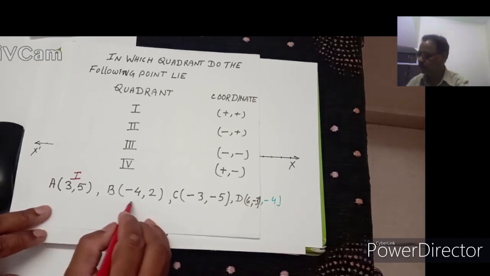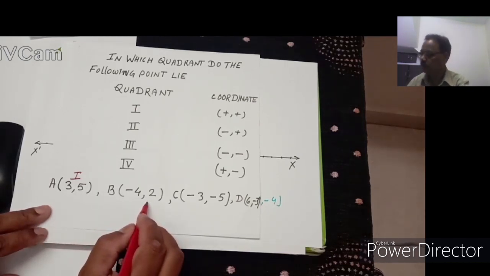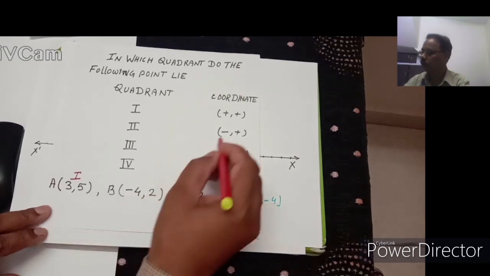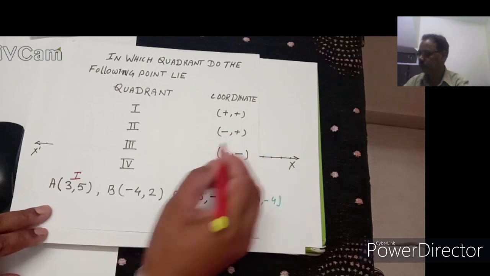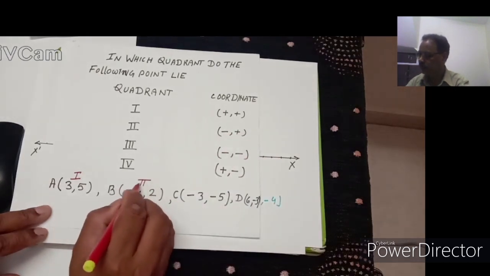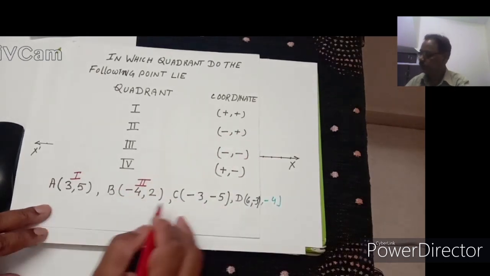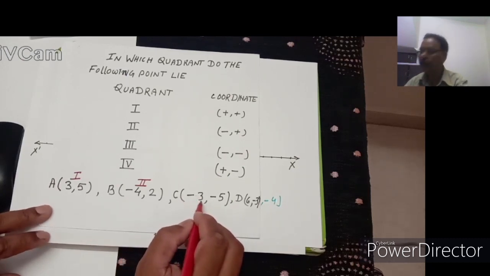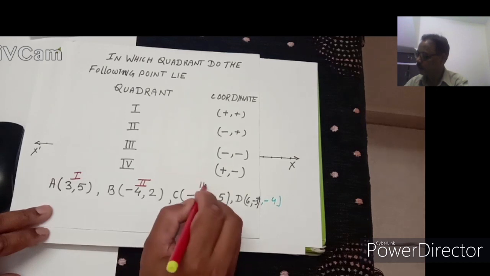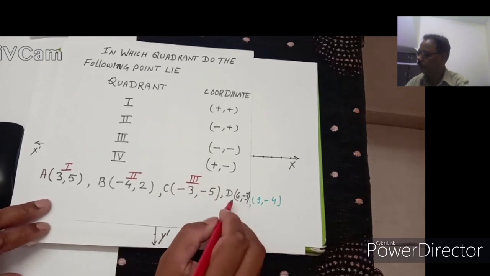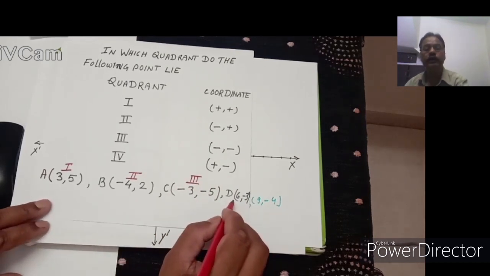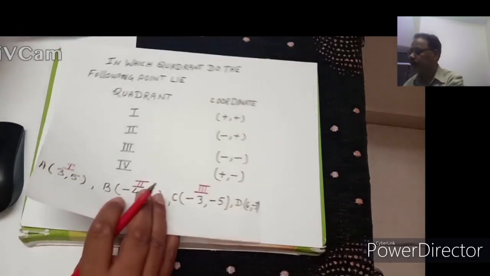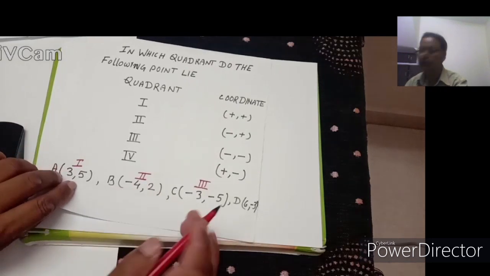Similarly, point B, see here, x negative and y positive, first negative and second positive, so it will lie in the second quadrant. Similarly, point C, both are negative, so it will lie in the third quadrant, and 6, -3, x positive and y negative, so it will lie in the fourth quadrant.